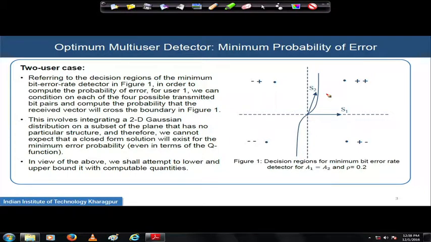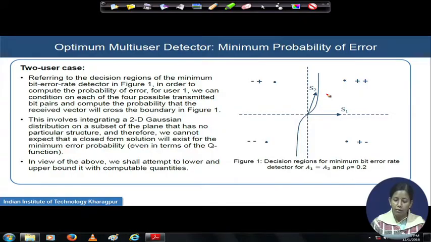In order to compute the error probability, it will be the same for user number 1. Fundamentally, we devise the conditions on each of the 4 possible transmitted bit pairs, and then you compute the probability that the received vector will cross the boundary of the decision zone when the other pair is transmitted.